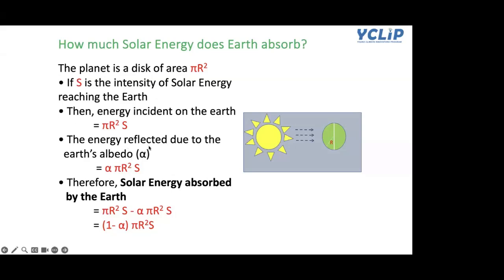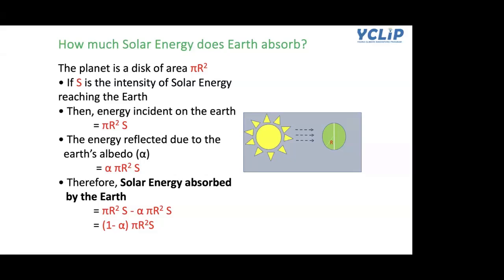So we have to consider that in this scenario. So then when we put in reflectivity, albedo, with alpha as the symbol, we now have the energy reflected due to the Earth's albedo as alpha pi r squared S. So the solar energy absorbed by the Earth: the sun's coming in, but then we have some reflected.